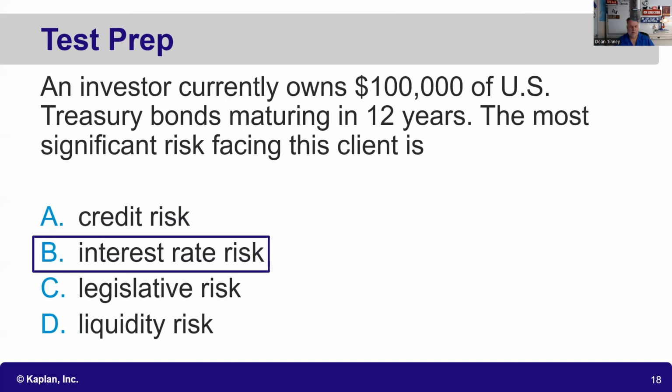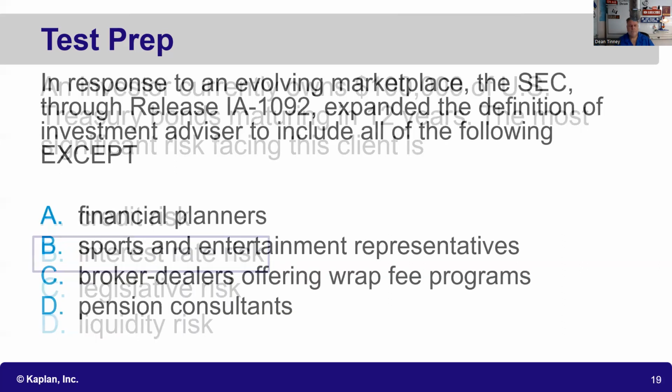Senator Roth is no longer around. Or, here's a great one, Congress changed the dividend received deduction from one corporation to another from 70 to 50. What Congress giveth, Congress can taketh away. And liquidity risk? No, Treasury. Secondary market Treasuries are the most liquid financial market in the world. That's not true for sure. So the answer is B, interest rate risk.